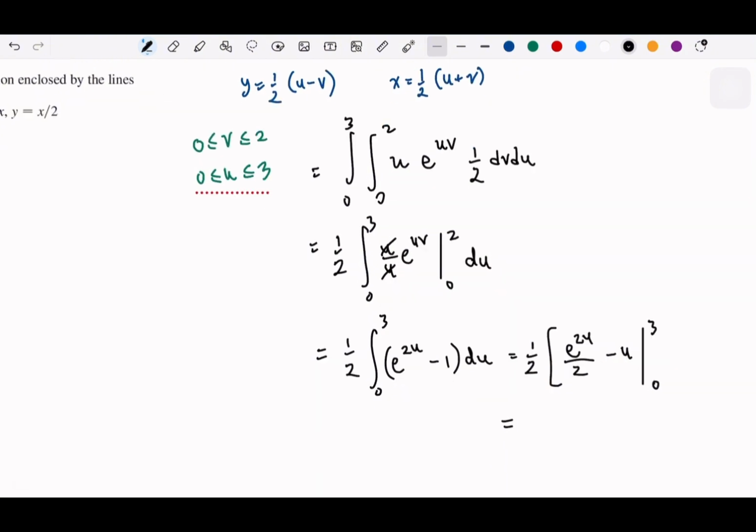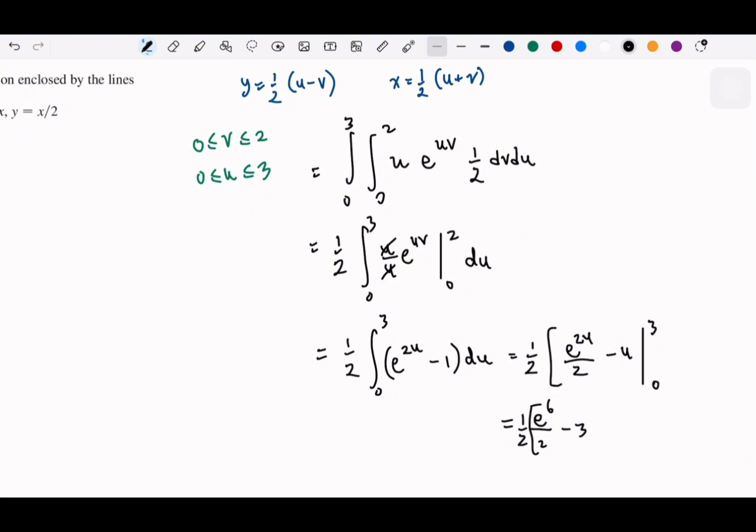So we have e to the 6 over 4, and then minus, this is 3 minus 3 over 2. Maybe let me write here just to make sure I'm getting it correctly.